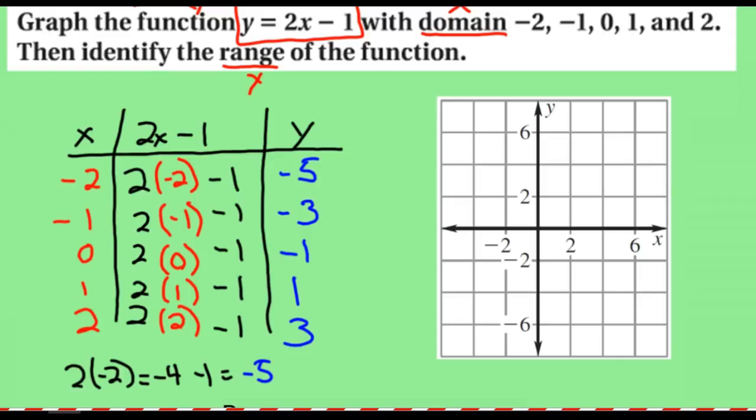Now what we got to do to graph this is we got to figure out our points. Now our coordinates are going to be, if you remember, x and y. I can write coordinates for all of these points.